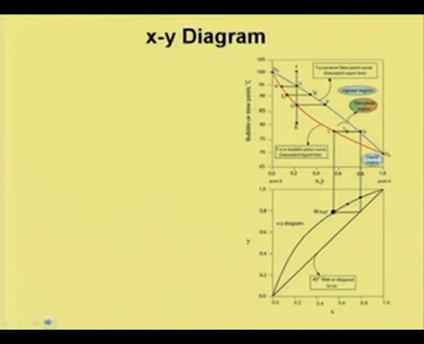So, the equilibrium diagram for XY mole fractions is also plotted below the bubble point and dew point curves. This line represents the equilibrium curve in the XY diagram, and below this is the 45-degree line, or diagonal line, where x is equal to y.